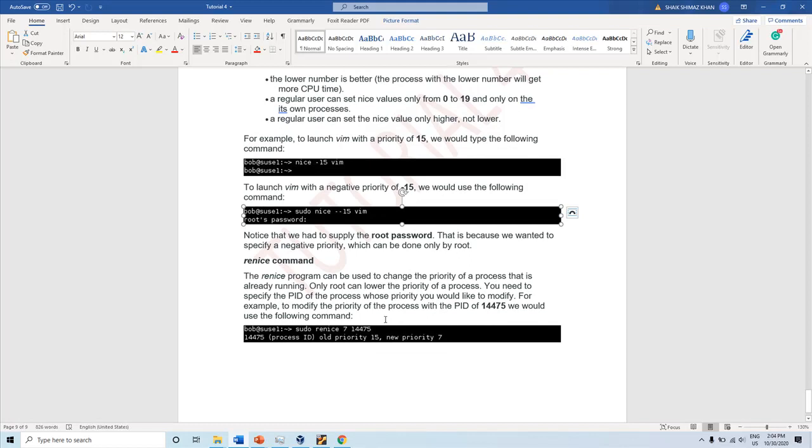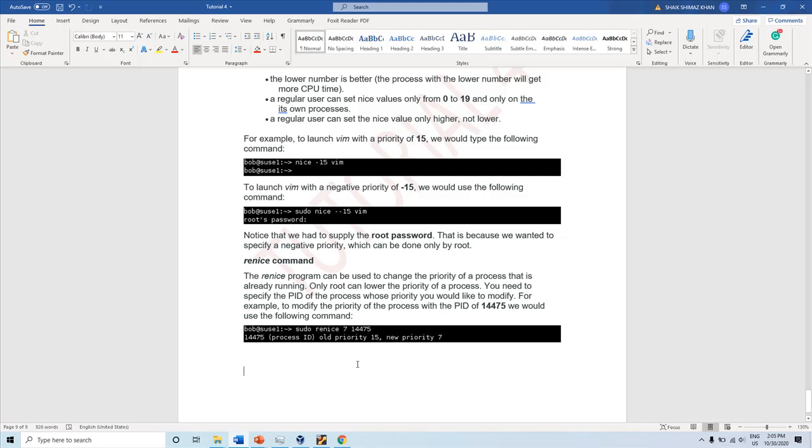Now a process is running and a process ID is given. Let's say 14475 is the process ID. For that process you want to change the nice value. Let's say it's currently running with a nice value of 15, and now you want to change it to 7. That is, you want to decrease the value. If you decrease the value, the priority increases, and the chance of getting the CPU also increases.